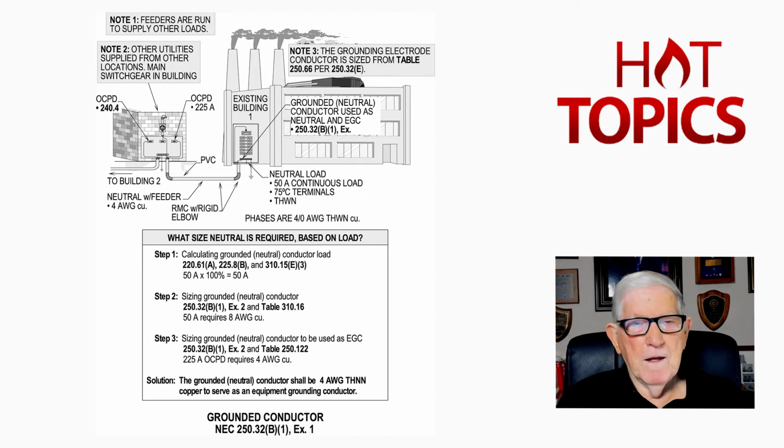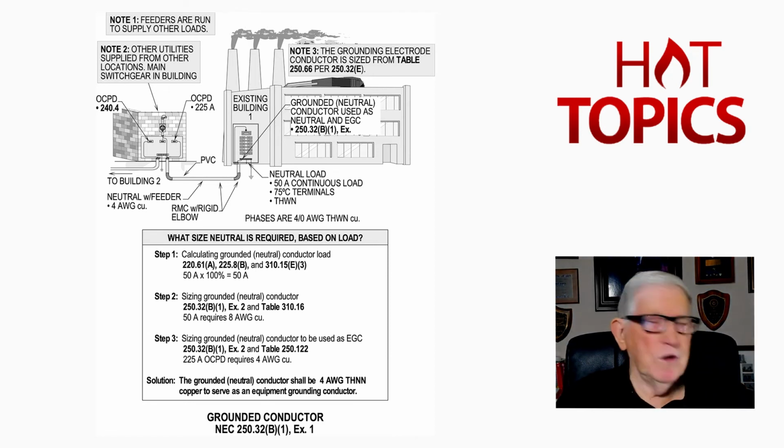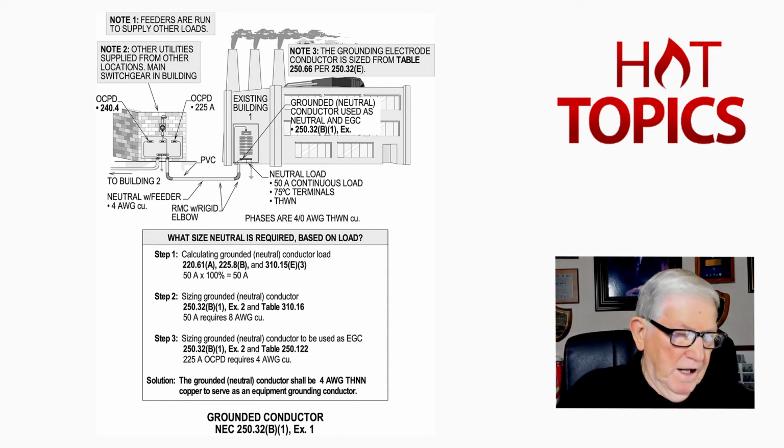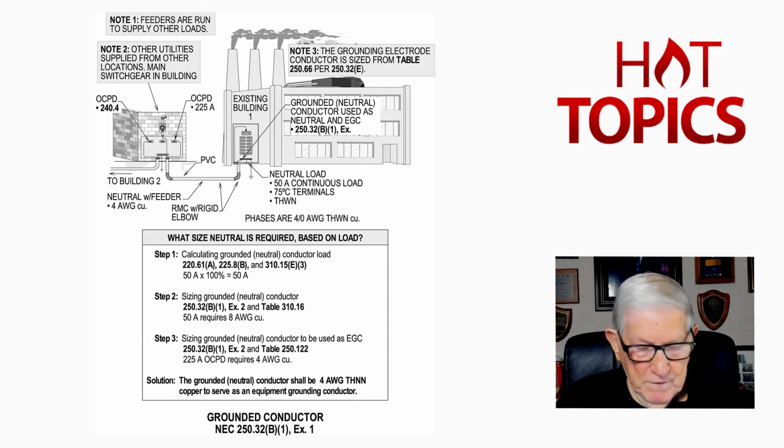But again, if you calculated in Step 2 a larger neutral, like a 1-aught maybe, or 2-aught, whatever, it would have to be used because it's larger than number 4. And that's exactly what was required in the 2002 NEC when you review those rules in 250.32(B). Now, again, a revision was made to 250.32 in the 2005 NEC.